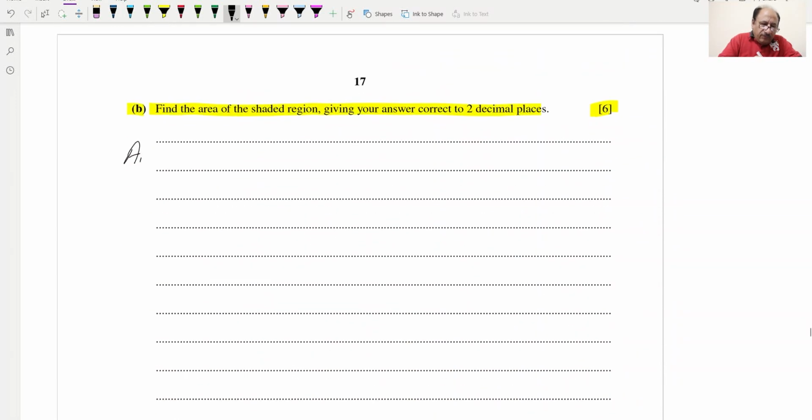So a1 is equal to the integral from 5 by 2 to 3 of 1 by 2 x, copying the equation which is basically the given equation, minus 1 by 3, and this will be dx.